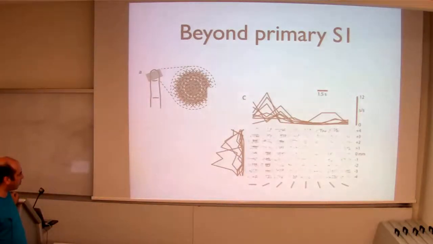The neuron prefers this orientation at this location, and it's actually inhibited by this orientation at that location. So you have a complicated receptive field, which is completely reasonable with what we think of cortex in any other aspect.